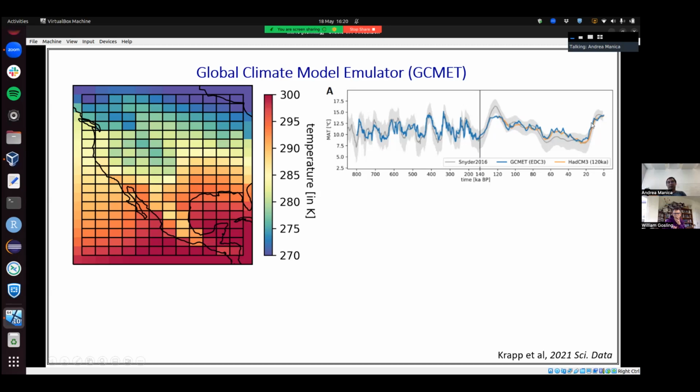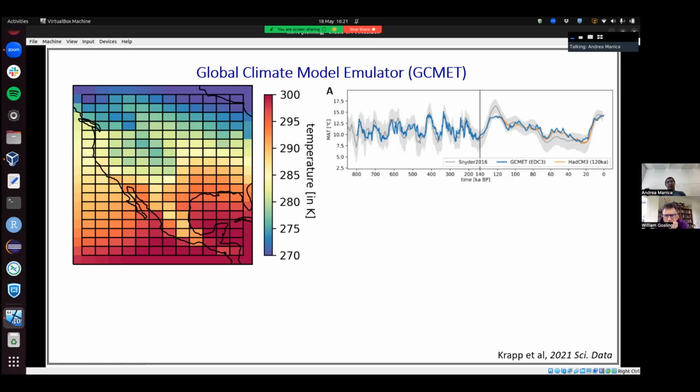As you can see, obviously it has exactly the same limits as the original model, because if you look at a temperature from oxygen stacks, you can see that HAD-CM3 tends to hit the actual variability from the stack, and the emulator has exactly the same limits. So bear in mind that the emulator here is not really doing any better than the original model.